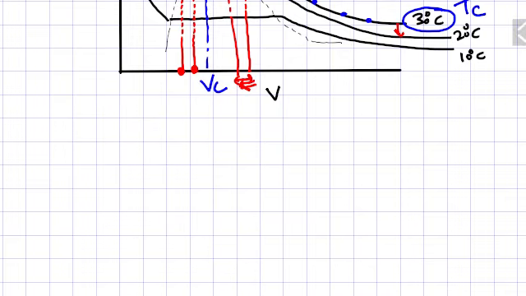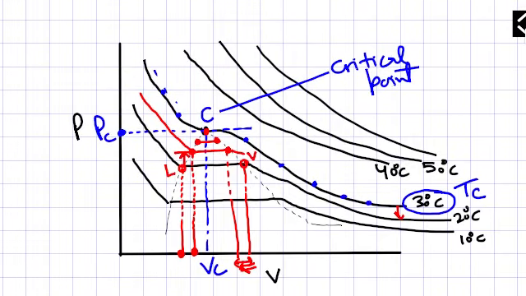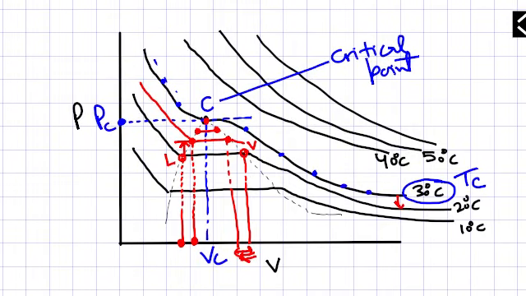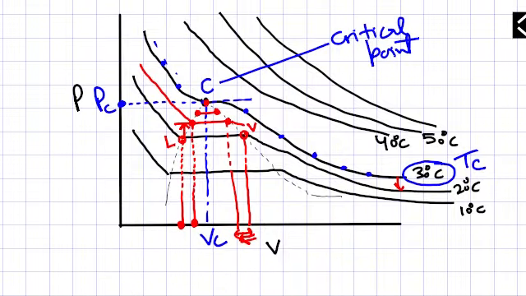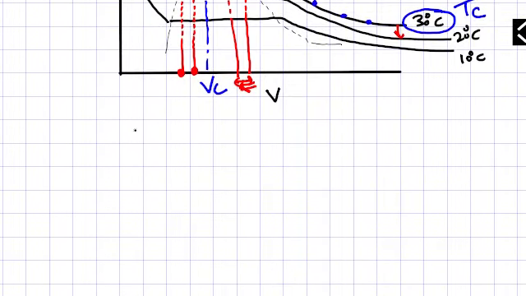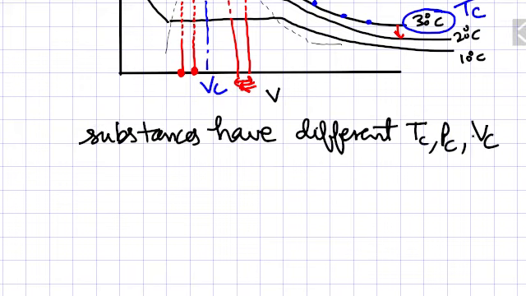Now we come to the use of this point in our chemical and engineering applications. It has huge use, because every substance has a different critical temperature, critical pressure, and critical volume.